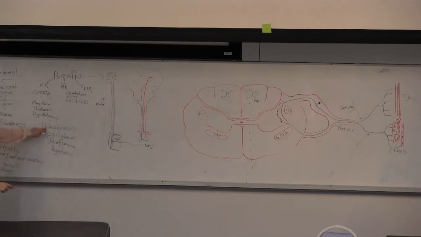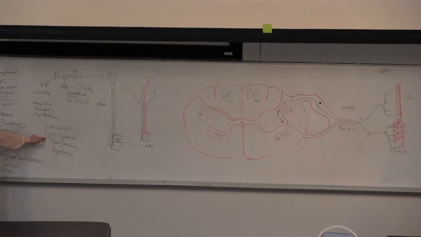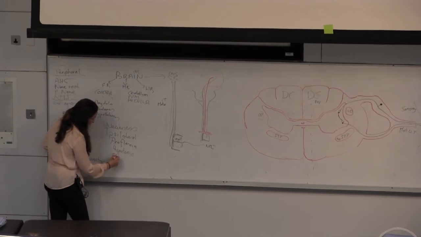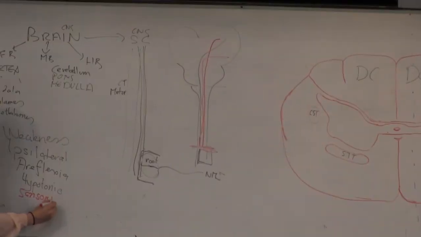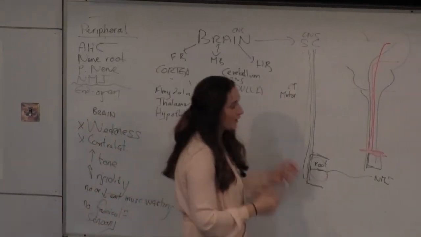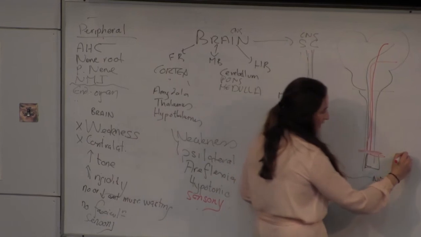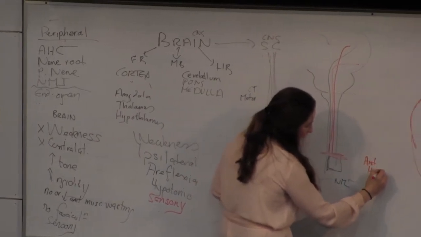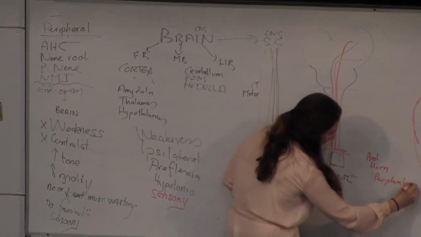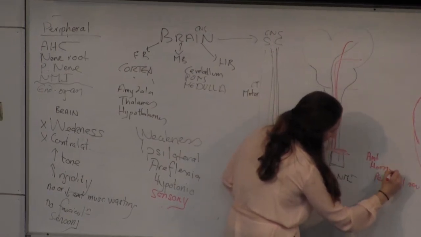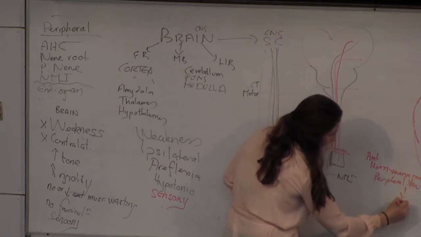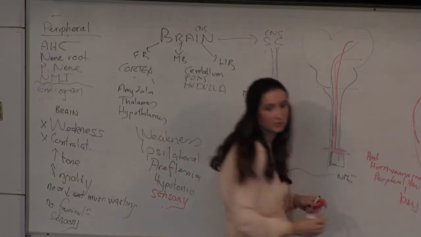So your weakness, which is ipsilateral areflexia and hypotonia, may have a few different sensory abnormalities with it. And the sensory abnormalities that it will have with it will depend on what part of anterior horn cell, nerve root, peripheral nerve, and neuromuscular junction the lesion is occurring in.